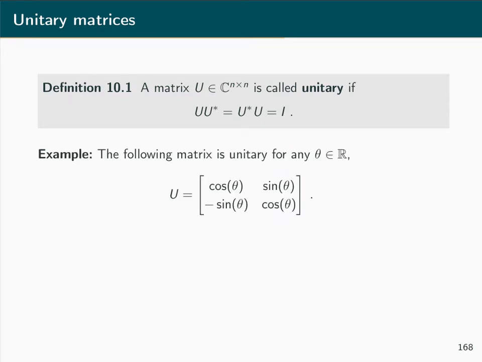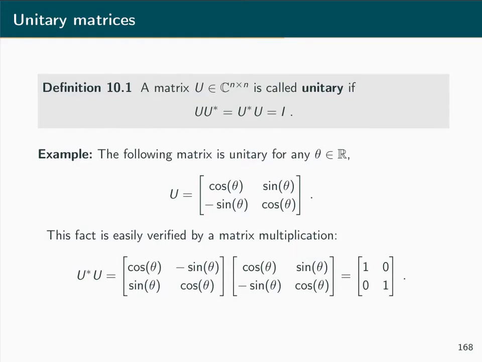For example, the 2x2 rotation matrix that was already defined in chapter 2 is a unitary matrix for any rotation angle theta in R. This fact is easily verified by a matrix multiplication where we multiply the matrix U from the left with U star and we obtain the 2x2 identity matrix, because for the diagonal elements we obtain sine squared of theta plus cosine squared of theta, which is equal to 1.